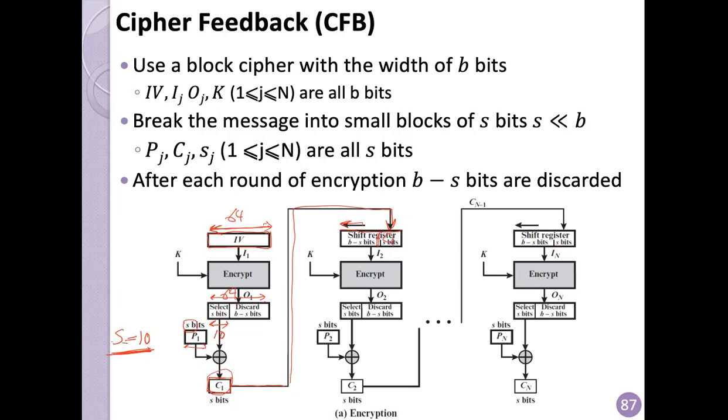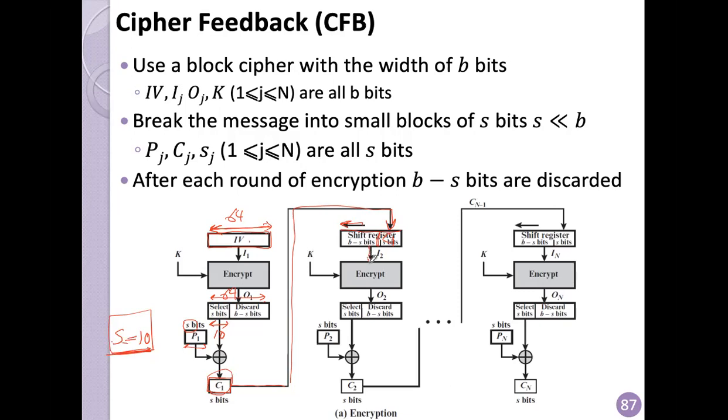I have some more examples to make it more clear, but whatever the initialization vector is, we shift it to the left S bits, and we append this C1 from the right side. This way, the second block's input is going to be a concatenation of the initialization vector and C1.